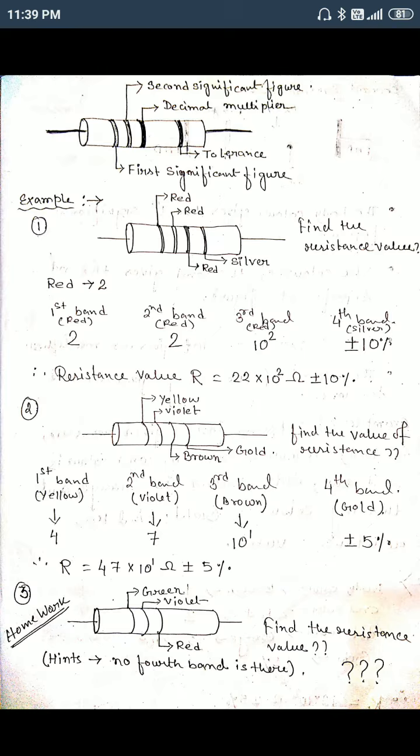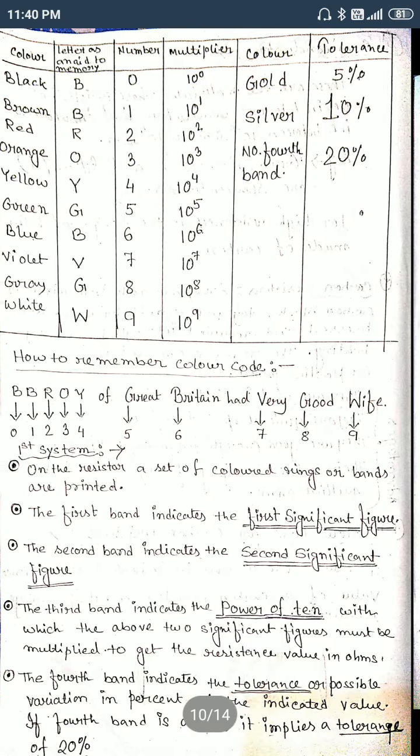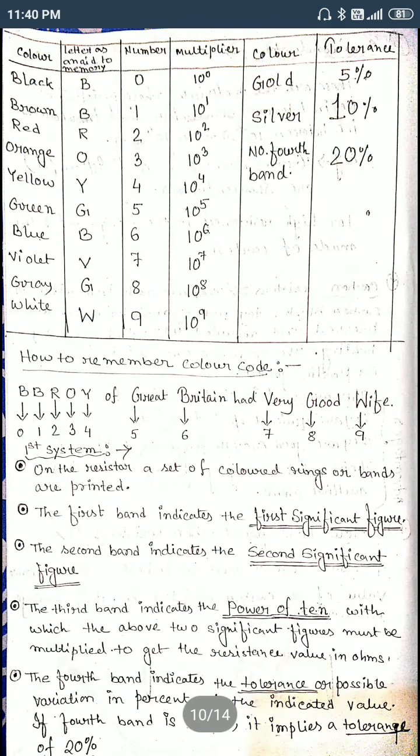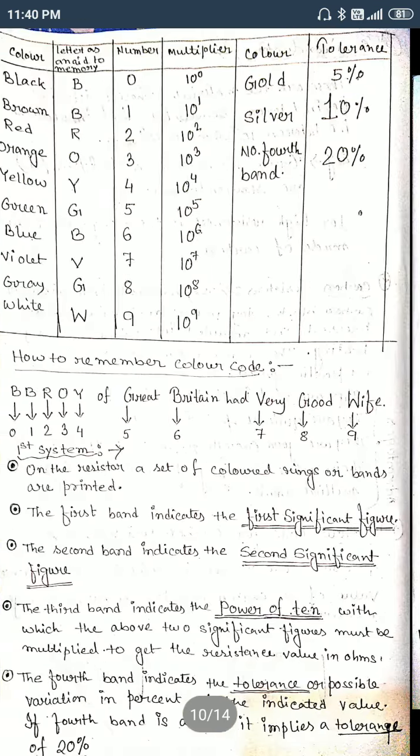This one is homework. You find out here no band is there, no fourth band is there, that means tolerance is plus minus 20%. That is a hint. So you find out the resistance value and write in the comment box what is the value of this resistance. First band is green, second band is violet, third band is red. Green means 5, violet means 7, so 57, and red means 2.